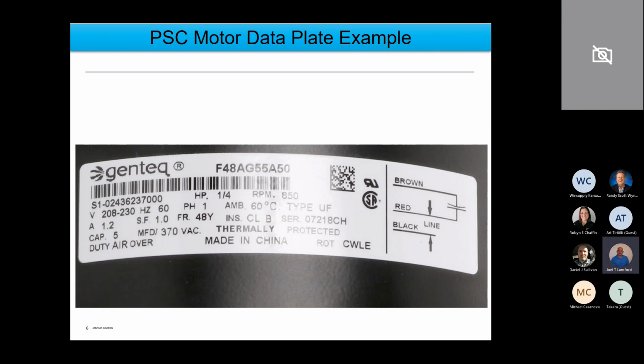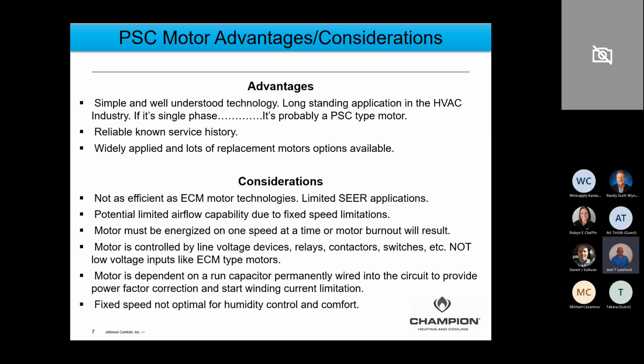Okay, well, let's talk about some of the advantages and some of the considerations for a PSC type of blower motor. Some of the advantages that are pretty outstanding are the fact that they're very simple motors and a very well understood technology. As a matter of fact, there's a long-standing application in the HVAC industry with the PSC type of blowers.